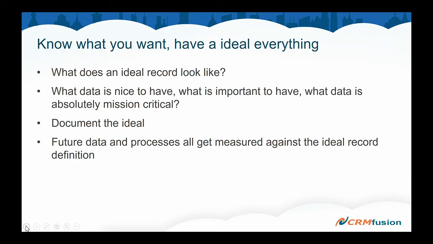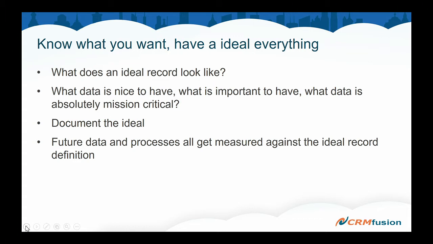So, pick any record or pick any object in Salesforce: your accounts, your contacts, your leads. What data is nice to have on those records? What data is important to have on those records? And what of that data just has to be there? It's mission critical data that we have no choice on. And if we, as system administrators, don't document this, we're never going to be able to communicate it.